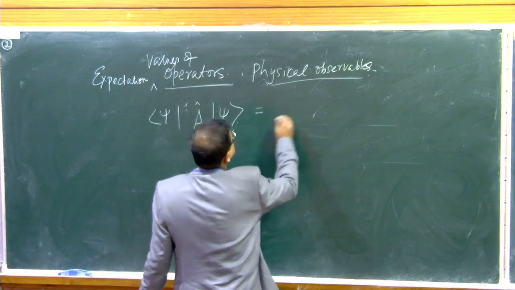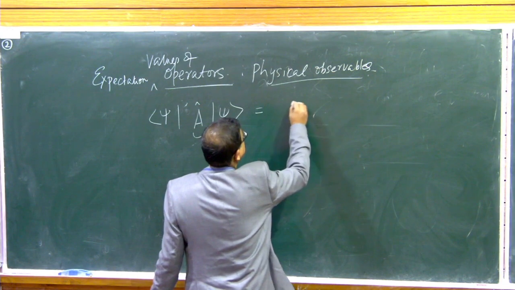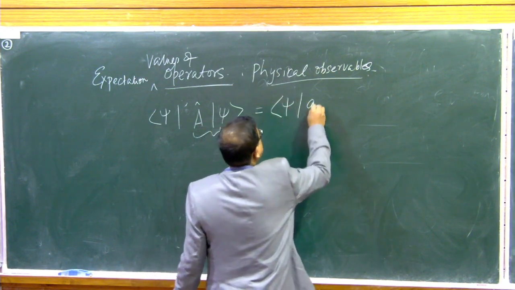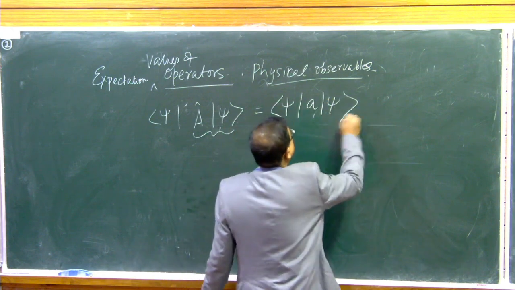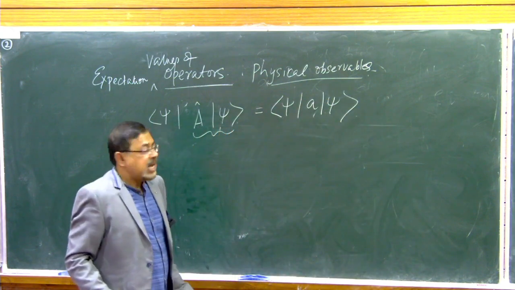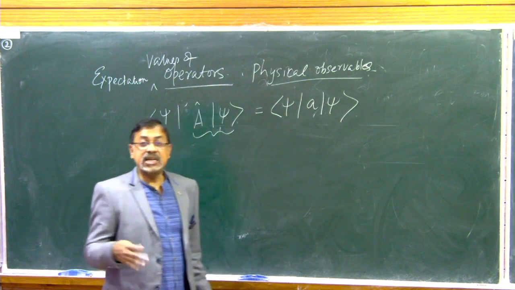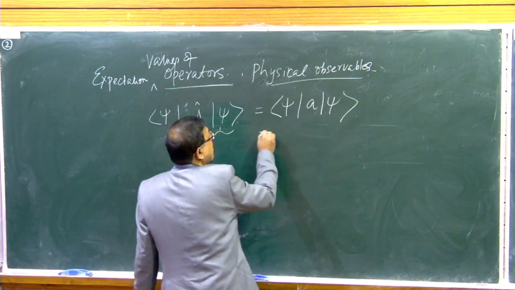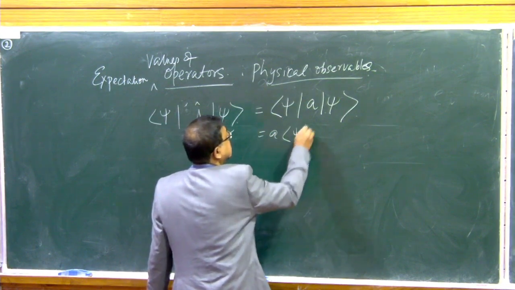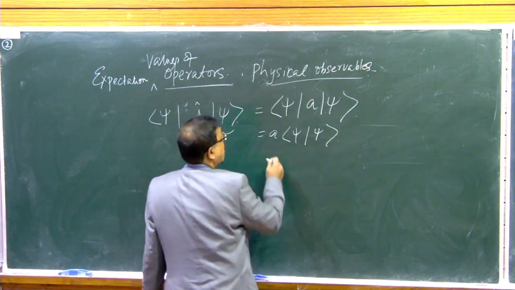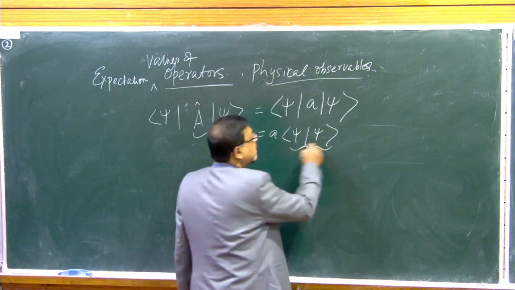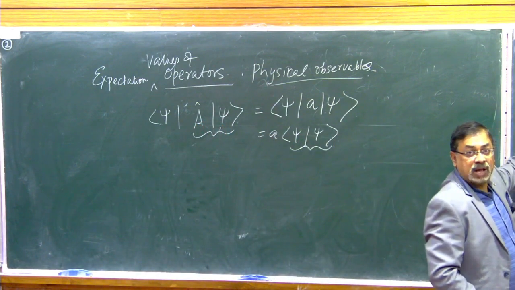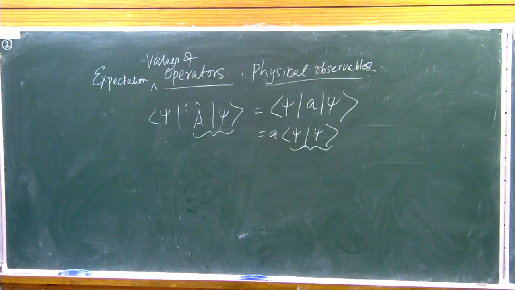So according to that relation that we have written, we have this psi and A psi, where A is the eigenvalue of psi. Now A is just a number, so A can come out from in between, and it can be written as A times psi psi, and this is exactly what we have written on the other side, which is equal to 1.